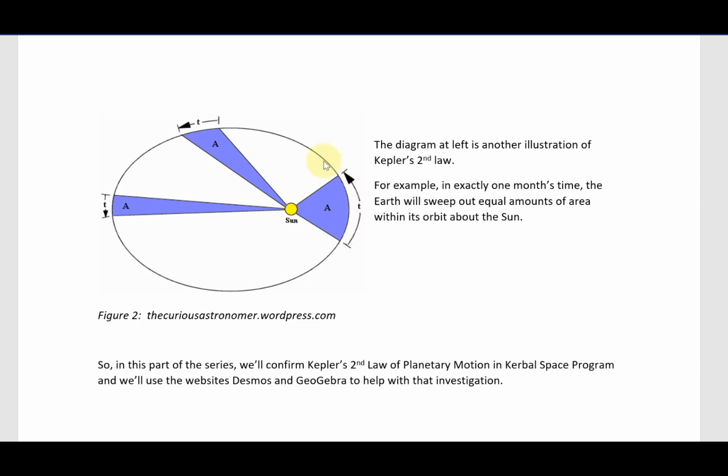So if this is a month, this would be another month interval from this point to this point, and that area A. This region is A, same as that area, and it would take a month to travel this interval right here. It's going much slower, and the area in this sector would be the same as the areas in these other two sectors. So all these areas are equal, and these intervals of time are the same.